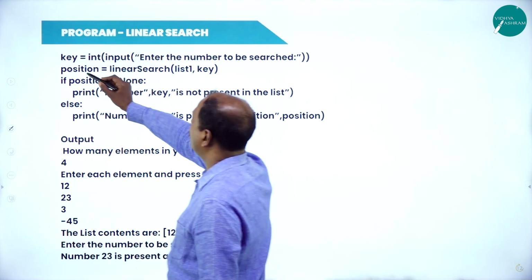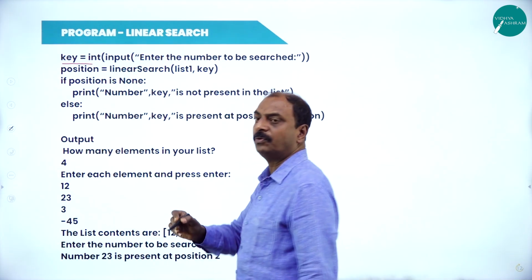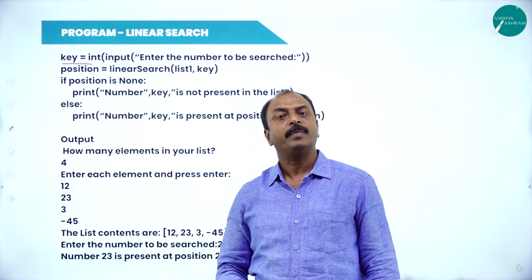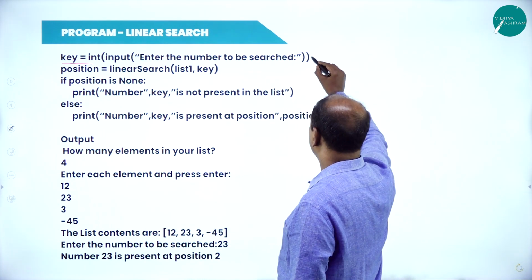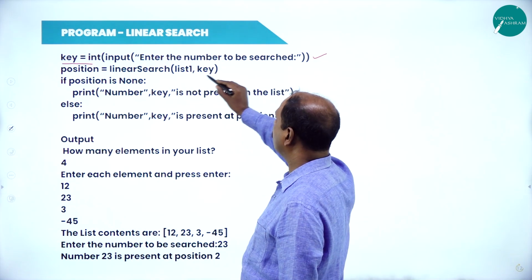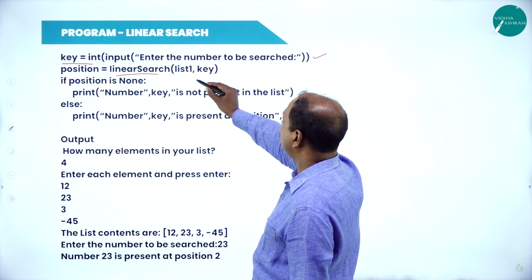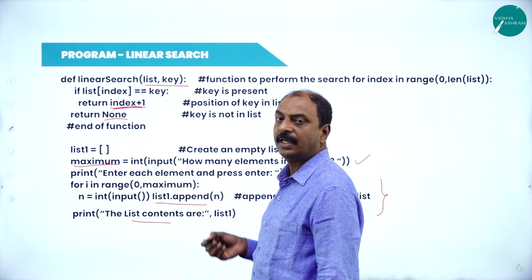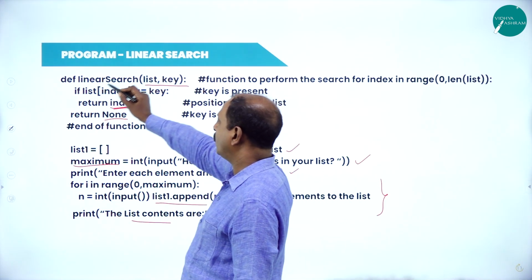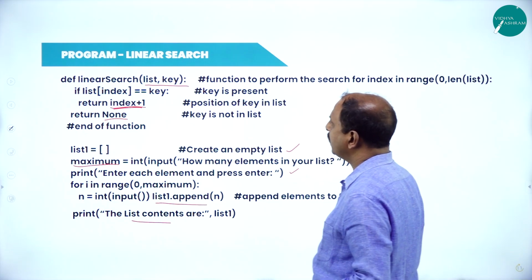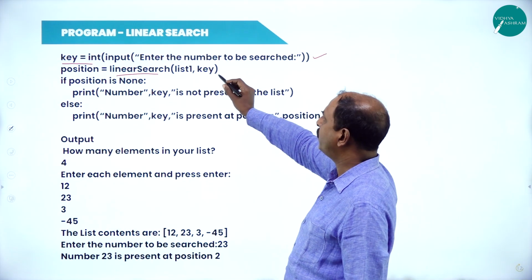Next, we have to look for the key element, so you have to input the element to be searched: enter the number to be searched. We are calling the function here: position equals linear search of list1 comma y. Linear search is the function that you have defined here. So at this stage we are calling the function.